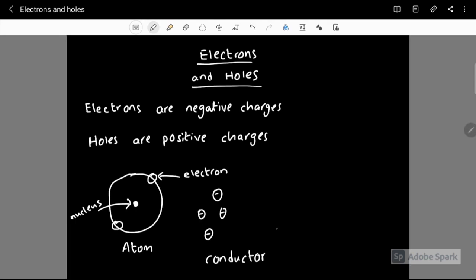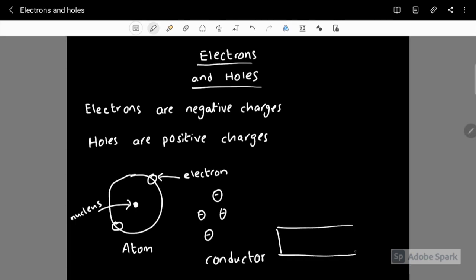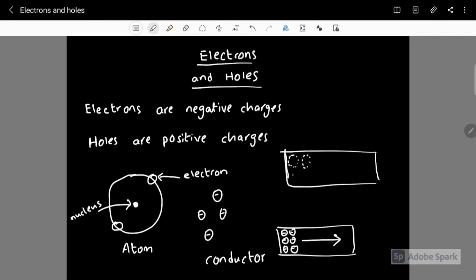So, if you have, say, this conductor with a bunch of electrons on one side, and if these electrons were to move to this side, they would leave behind in an instant some sort of an empty space like this.